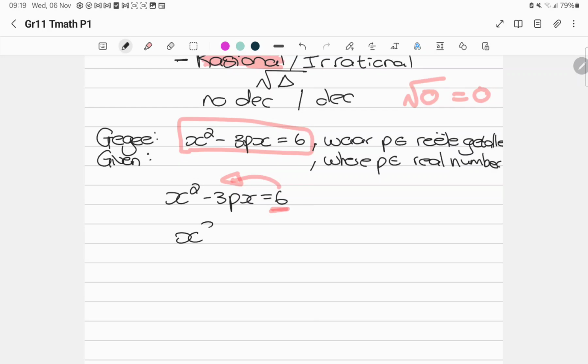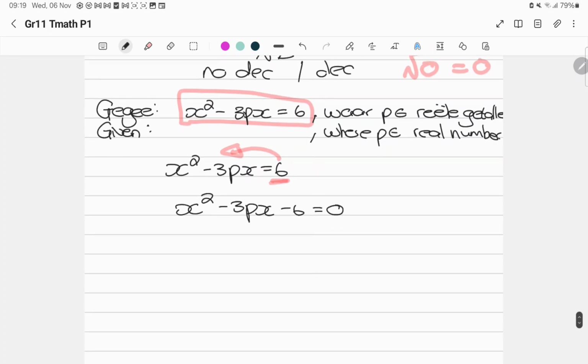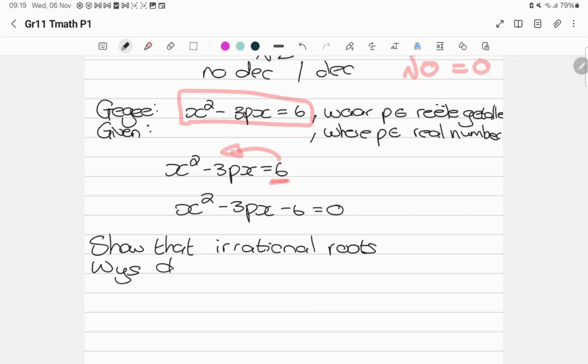So it becomes x squared minus 3px minus 6 equal to 0. That's your first thing. Now they tell you, for example, show that this has irrational roots. Wys dat hierdie irrasionele wortels het.